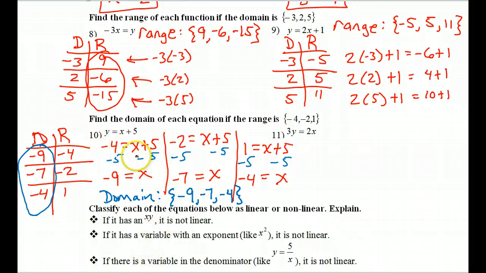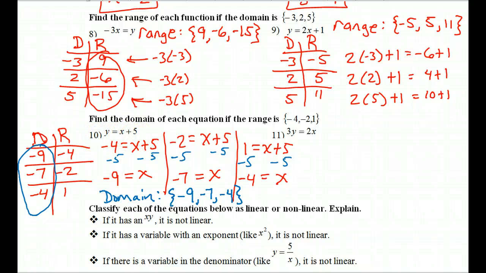I feel like I should mention to you, since this equation is already in the form y equals x plus 5, it might have been a little bit quicker to use the calculator if you're allowed to. So have out your TI-30XS MultiView if it's not too inconvenient. Just have that on your desk real fast.